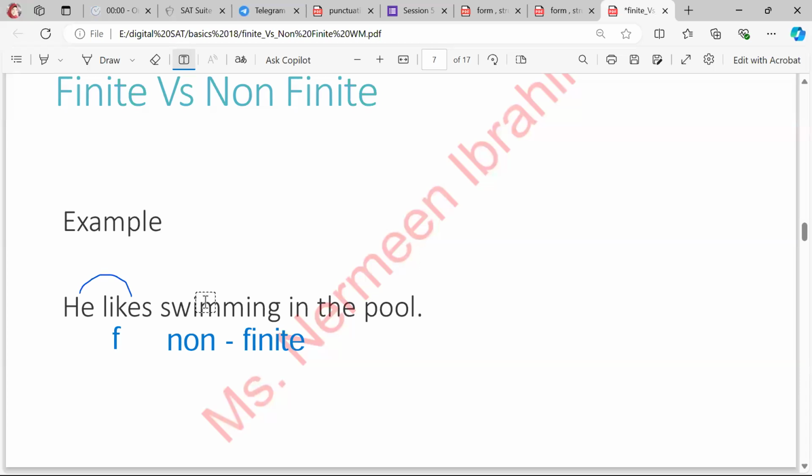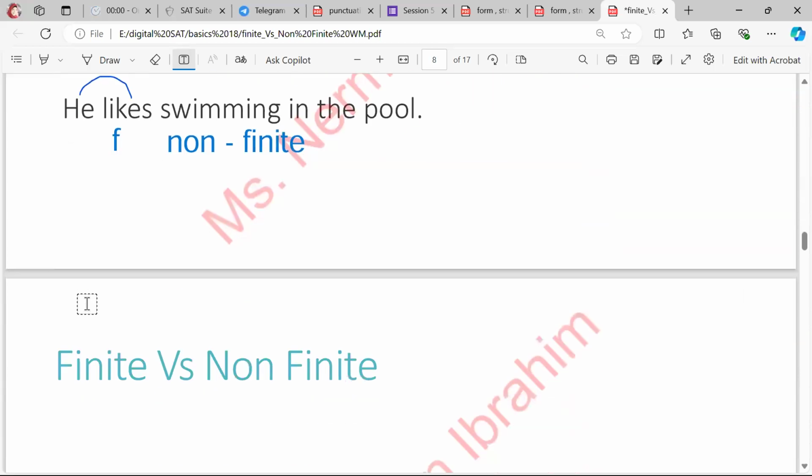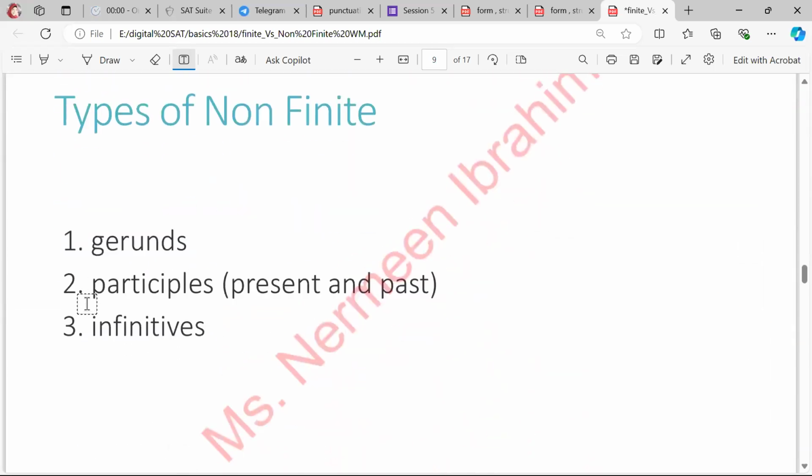So we came to know that "likes" is a finite verb. Swimming is a non-finite form of a verb because it didn't change with all the subjects I used. Okay, let's see.